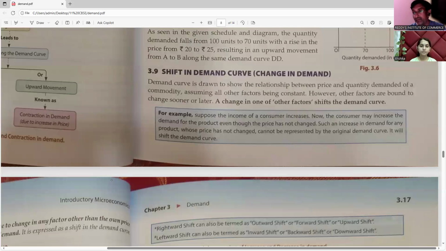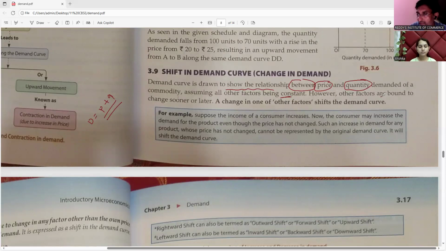Again, shift in demand curve, change in demand. Now, the demand curve is drawn to show the relationship between price and quantity. When you talk about demand, always keep in mind price and quantity demanded of a commodity, assuming all the other factors are constant.